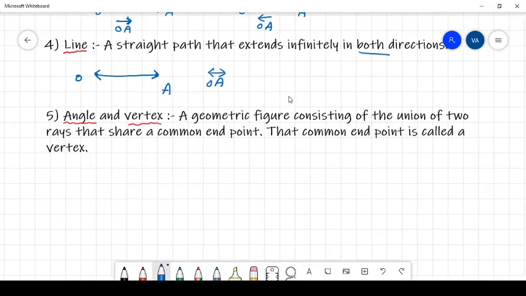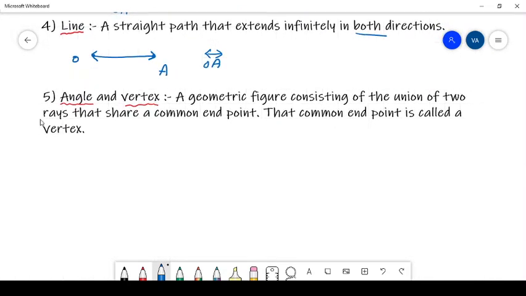Angle is ఇందాకే చూసాము రే అని. Angle is a geometric figure consisting of the union of two rays that share a common end point. ఫర్ ఎగ్జాంపుల్ ఇప్పుడు OA రే తీసుకున్నాం, అంటే ఇది ఏ సైడ్కి ఎక్స్టెండ్ అవుతుంది. అట్లే we have to take another ray OB, ఇది B సైడ్ ఎక్స్టెండ్ అవుతా ఉంది.